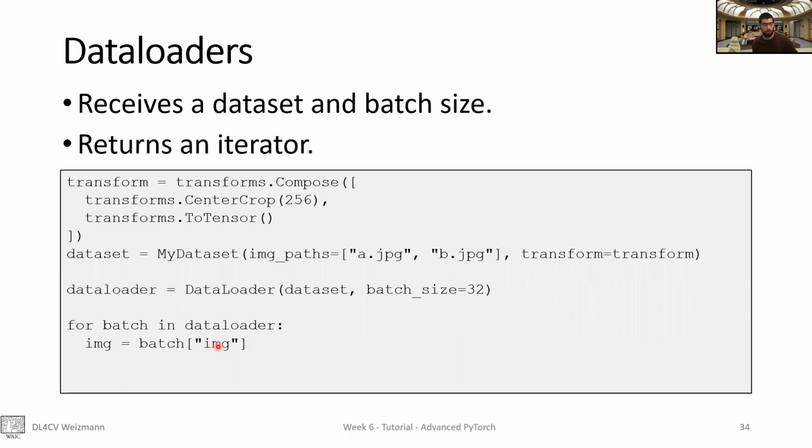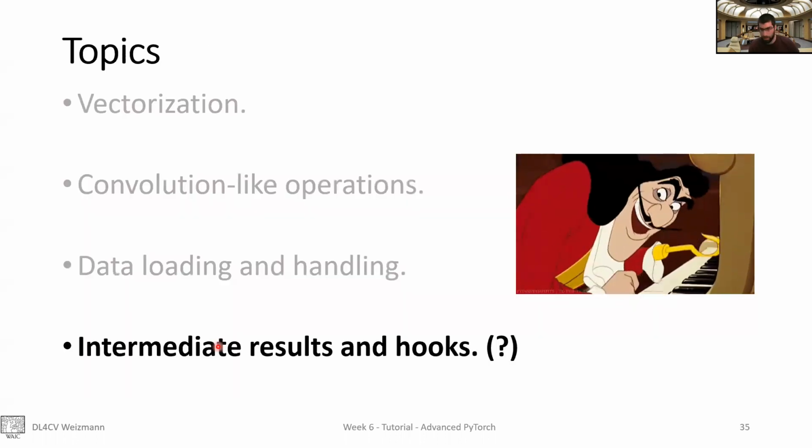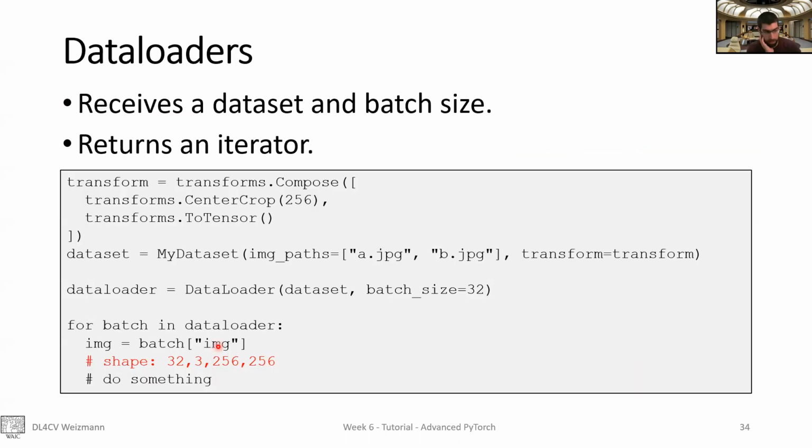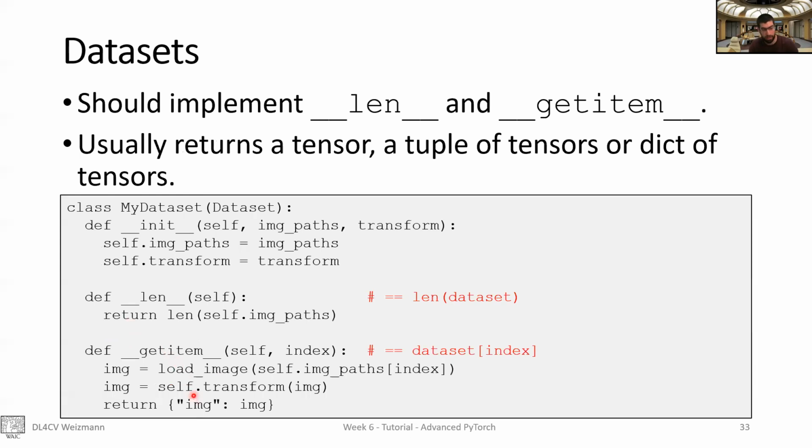Okay, so this will also appear in the notebook. I have a question regarding the shape, which is 32 by 3 by... So this is the shape of the image or the shape of the batch? This is what we get when we iterate over the data loader. In each iteration we receive a dictionary because in our dataset we return a dictionary.